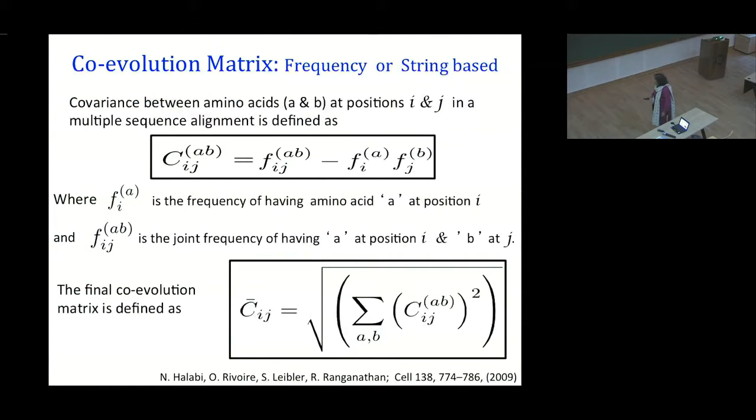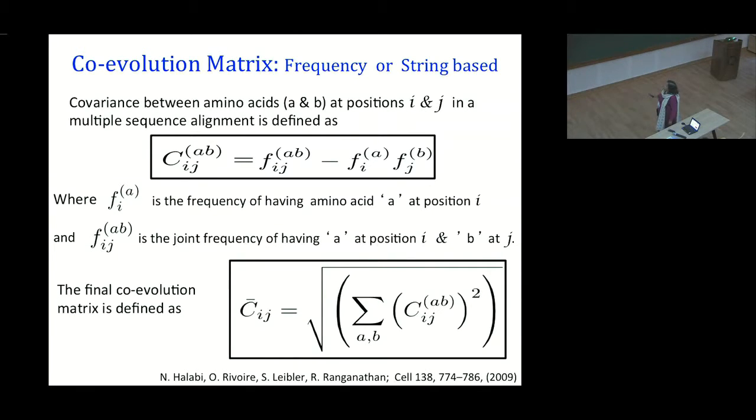So one can define a covariance matrix of the frequencies, where Fi is the frequency of having an amino acid A at a position i. And then Fij is the joint frequency of having an amino acid A at i and B at j.